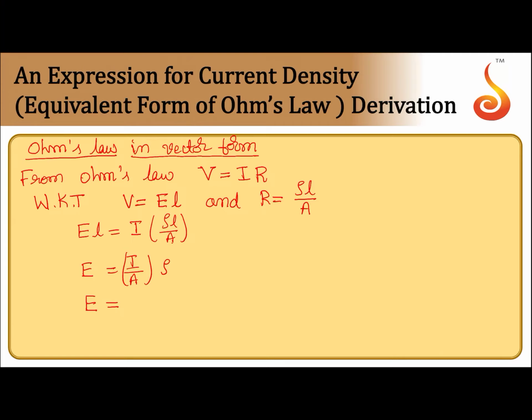So this will become E is equal to J into rho, or sending rho to the other side, you will get J is equal to E divided by rho.